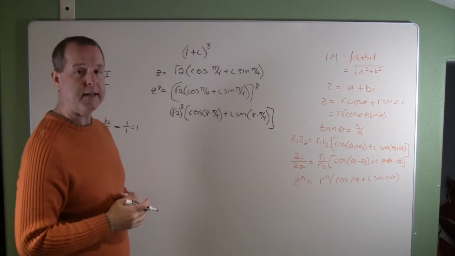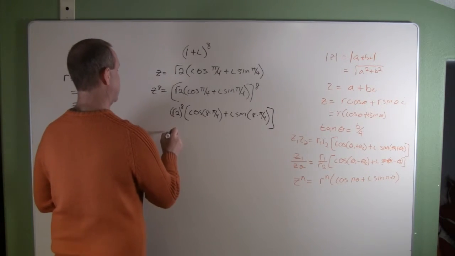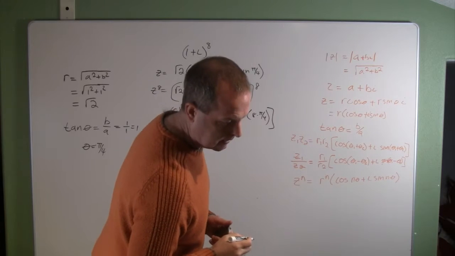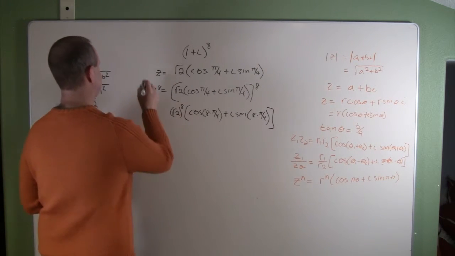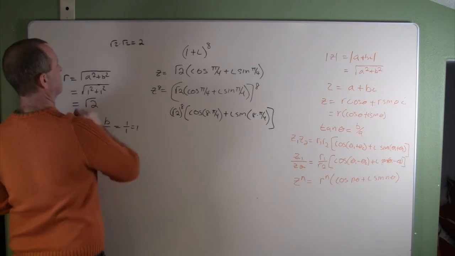Root 2 to the 8th, root 2 times root 2 times root 2, all the way. I've got to do some work here. Root 2 times root 2 equals 2.